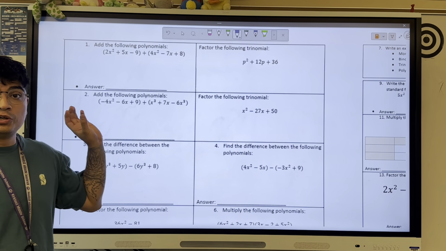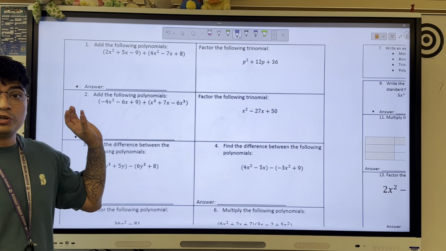Starting with the first one, it says combine or add the following polynomials. Another way to think about this is that you're just combining like terms. The idea here is that you can combine anything that has the same exponent value or the same degree. So 4x squared and 2x squared give me 6x squared.